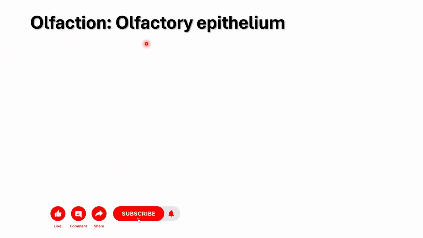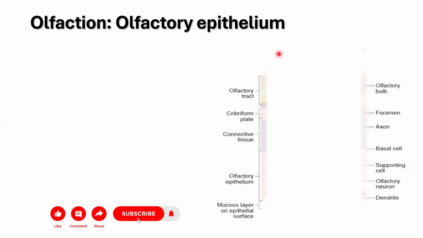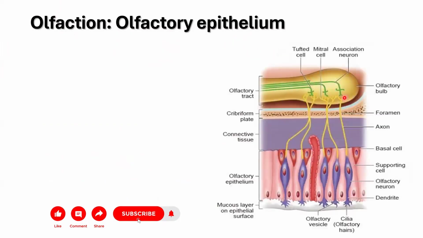For olfaction, one of the first things you need to describe is the olfactory epithelium. As you see there, here is the top of your nose, the roof of the nose, and also the sides, the upper third of the nasal cavity, and the nasal septum, which contain the olfactory epithelium.